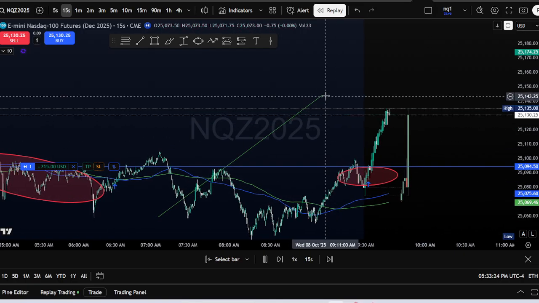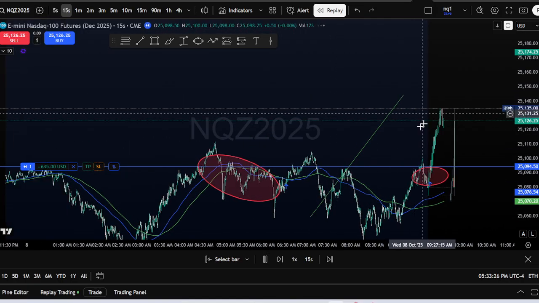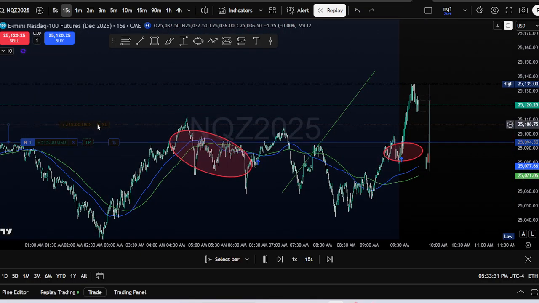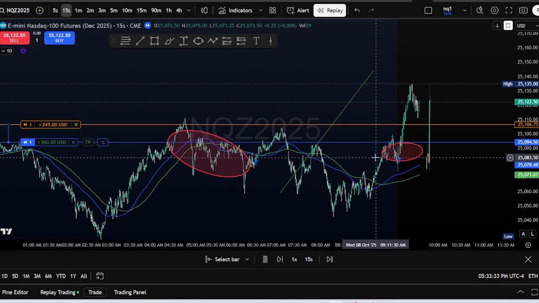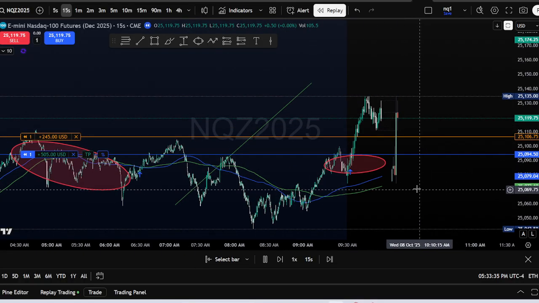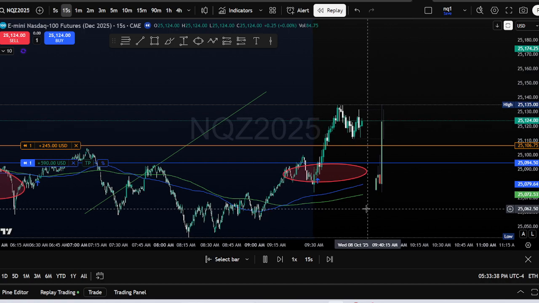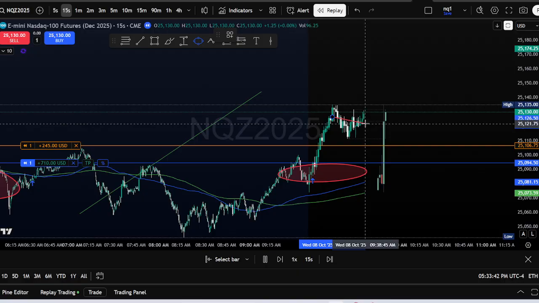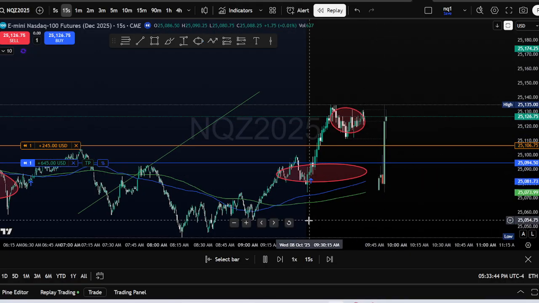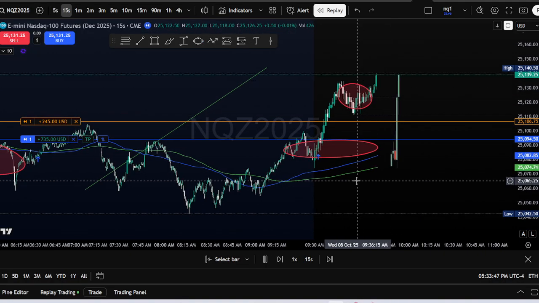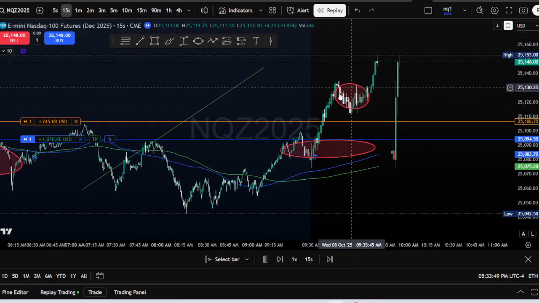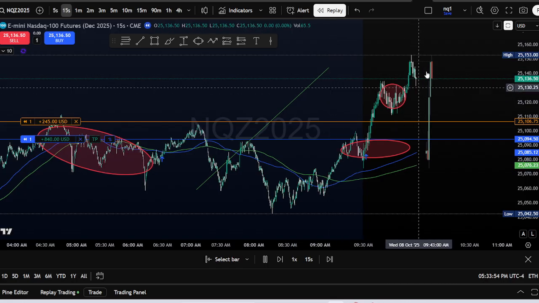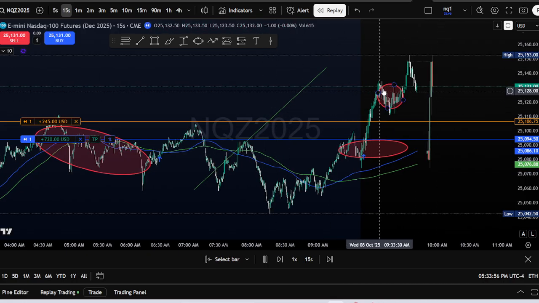The measured move of that would have been right there for that one. See, that's ugly right there, but my brain still sees that as a consolidation right before where the measure moves, so this should continue another leg higher than what that was.